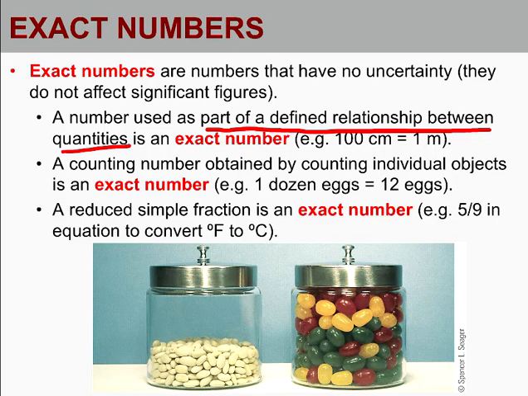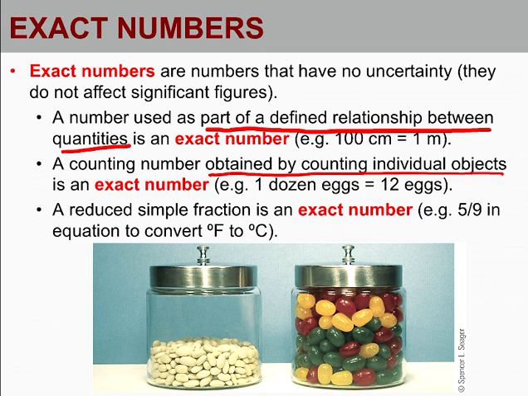Now, additionally, an exact number could be a number obtained by counting individual objects. So, for example, if we have 12 eggs, we would have counted the number of eggs, and therefore that would be an exact number. We can't have half of an egg or a quarter of an egg, for instance.